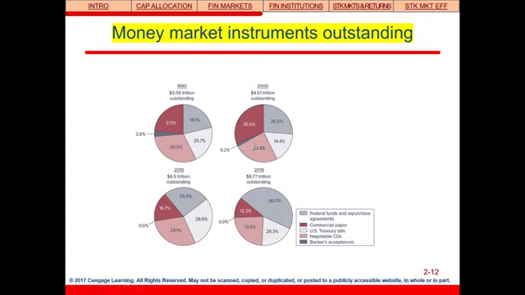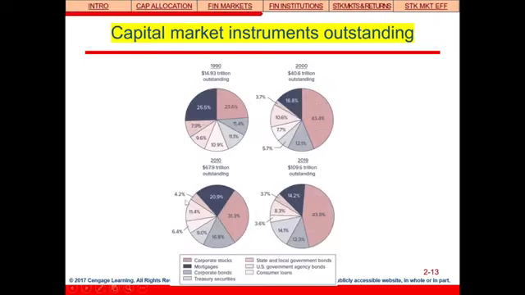So these are instruments for the money market, and then these figures here show you the instruments for the capital market. All you need to know are the names. If I give you a name, you need to tell me immediately whether this is a money market instrument or a capital market instrument. You don't need to know the shares. You don't need to know the order of the shares because it changes every year.